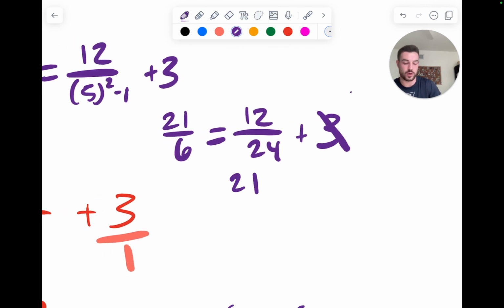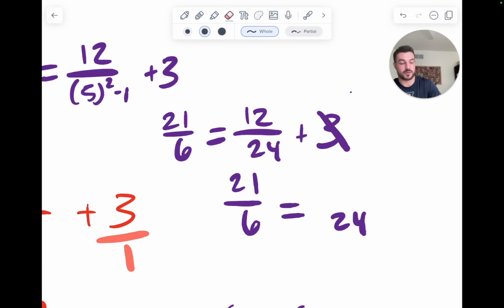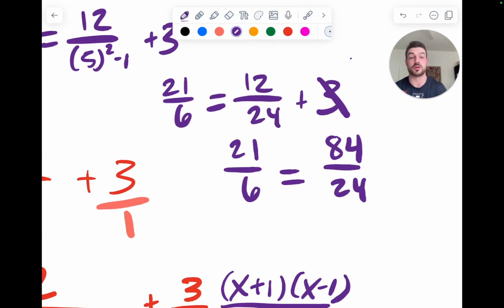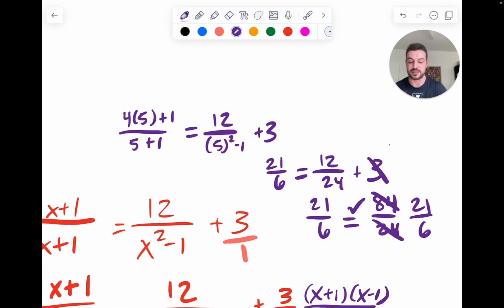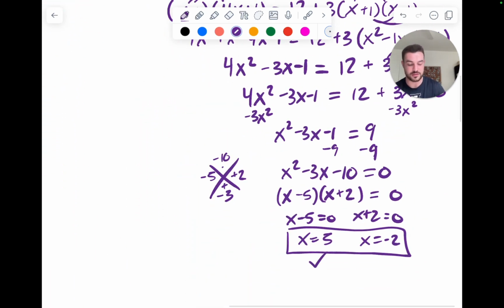So I'll have 21 over 6 equals 72 over 24. 72 plus 12 should give me 84. These two things actually are equal. I can divide both of them by 6. And I will get 21 over 6. So that means that the 5 that I used earlier did in fact work, and 5 is a solution.